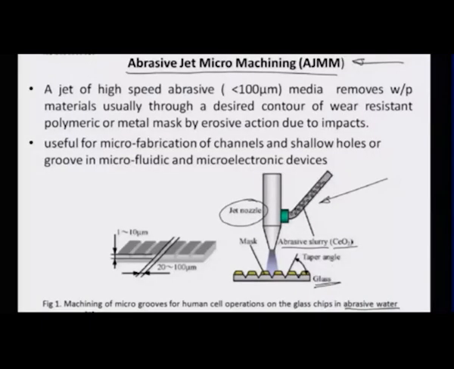So in this particular illustration, of course, you have a jet of high speed abrasives where the jet size is, let us say, less than 100 micrometer diameter, and it is used for guiding on a surface by virtue of a polymeric or a metal mask.